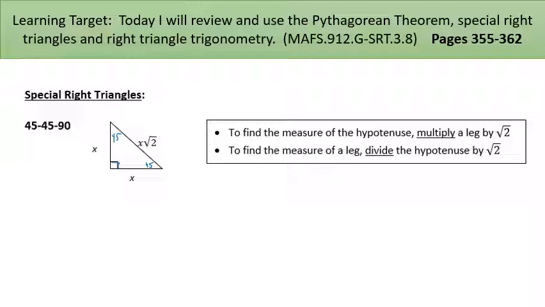The angles are 45, 45, 90. Now, because the base angles are the same, here's another geometry concept: that means it's an isosceles triangle. That means two sides are the same, and we can see that because these two sides are both x. We have x and we have x.